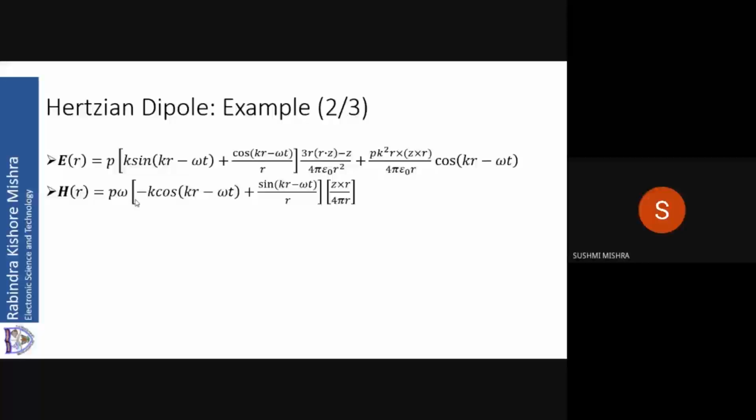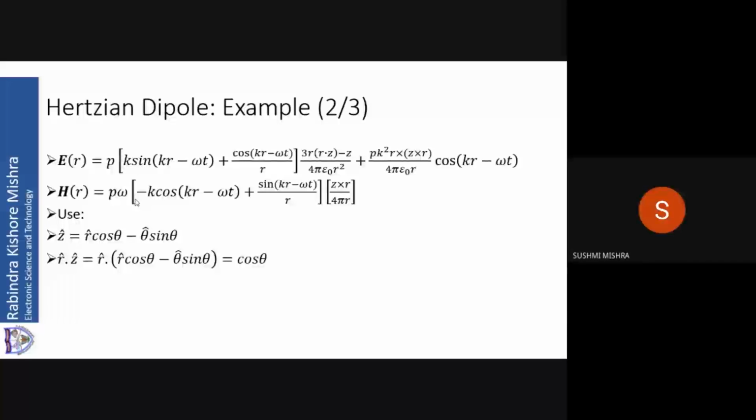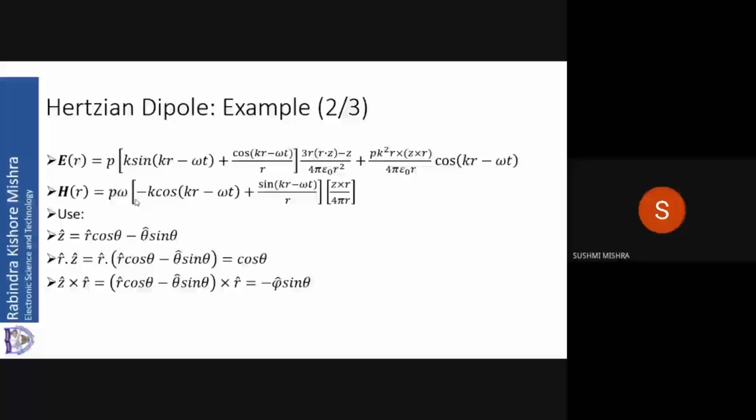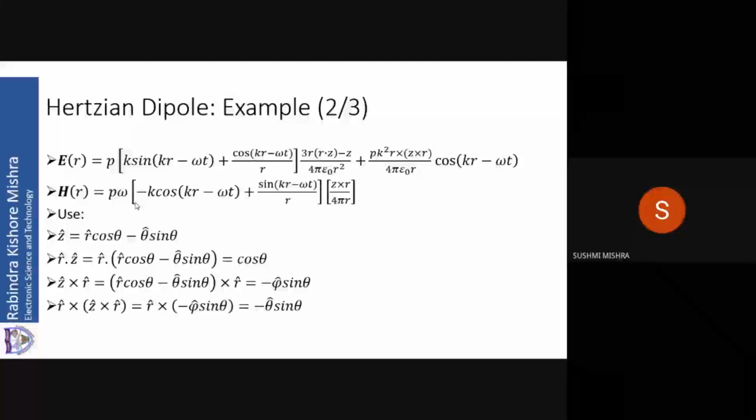Then once we do that, we find out what is E and what is H. Once we found E and H, we used our knowledge that z cap is equal to r cap cos theta minus theta cap sin theta. Using that, we found r cap dot z cap, r cap cross z cap, and r cap cross z cap cross r cap.